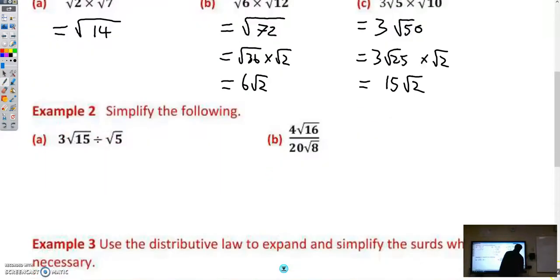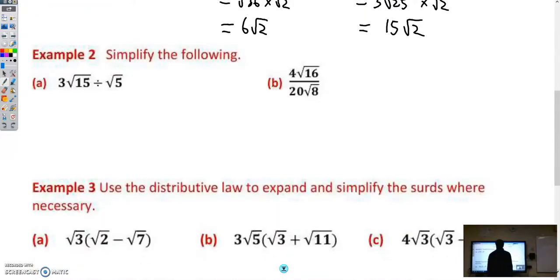The same thing goes for dividing. Now, when we're looking at example 2a, we have 3 root 15 divided by root 5. The first thing you need to do is always write it as a fraction. Okay? We have 3 root 15 over root 5. Now, we're looking for a common factor. Okay?